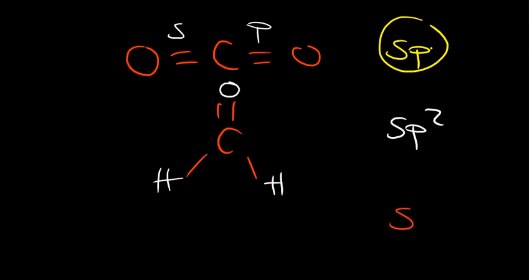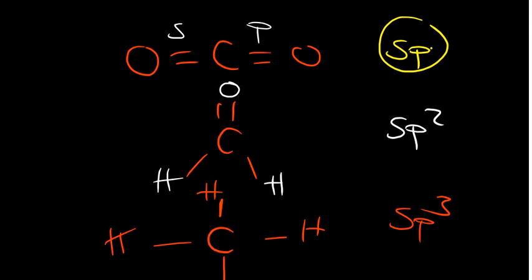Then finally sp3, where it forms four single bonds. Are we together? An example is methane. So these are the only hybridizations that we expect carbon to undergo, even in our study of organic chemistry. Any questions so far? Okay, seems people have understood.